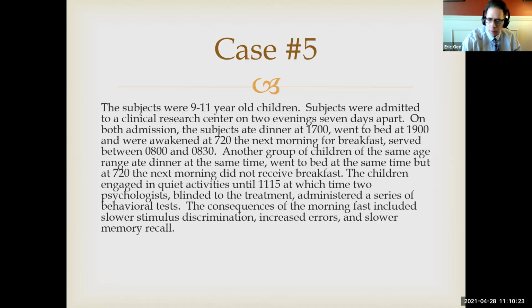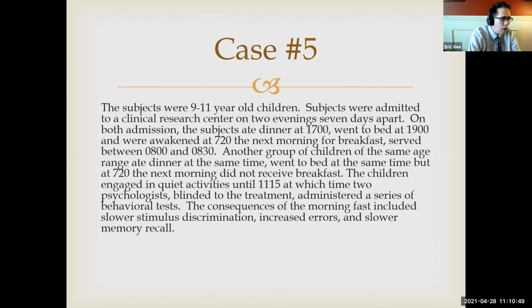Okay, next. The subjects were 9 to 11-year-old children. Subjects were admitted to a clinical research center on 2 evenings, 7 days apart. On both admissions, the subjects ate dinner at 1700 hours, went to bed at 1900, and were awakened at 7:20 the next morning for breakfast, served between 0800 and 0830.